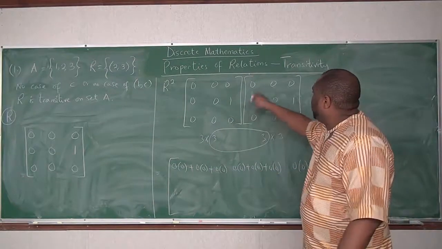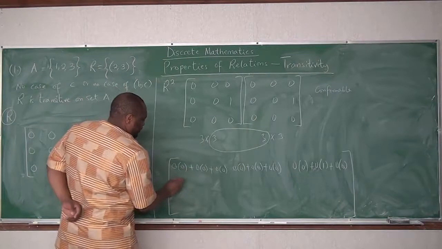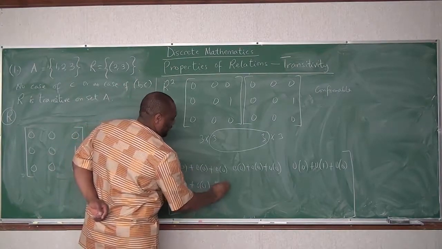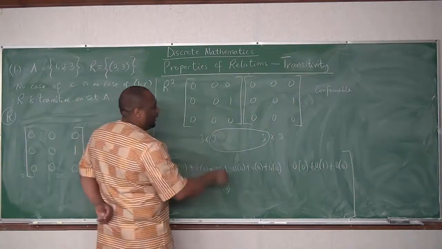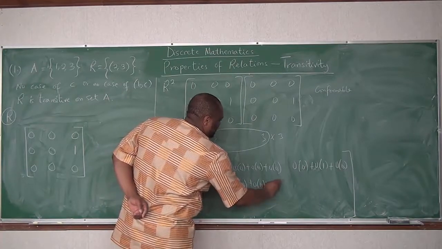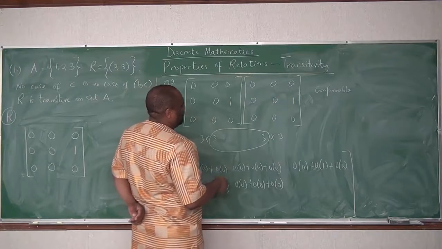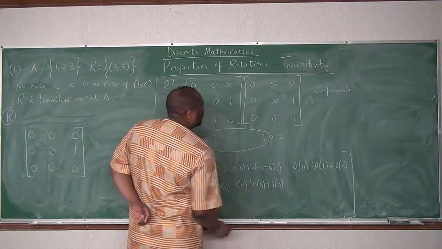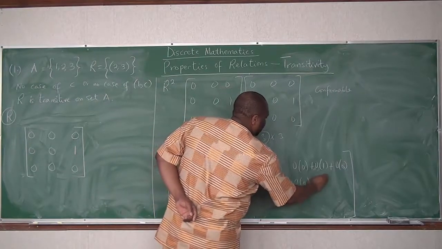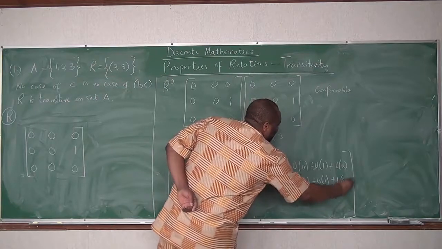Okay, so if you also look at this one, this is row by column, 0 times 0 plus 0 times 0 plus 1 times 0. This one is 0 times 0 plus 0 times 0 plus 0 times 0, plus 1 times 0. Then this will be 0 times 0 plus 0 times 1 plus 1 times 0.